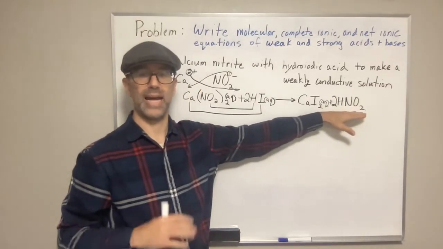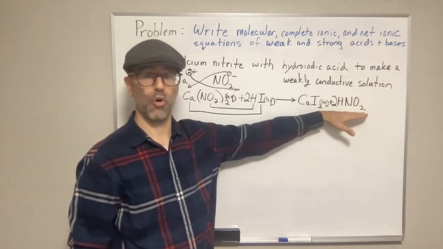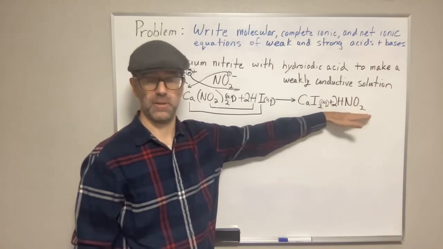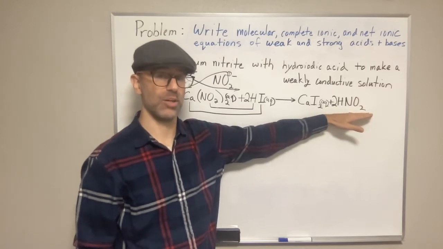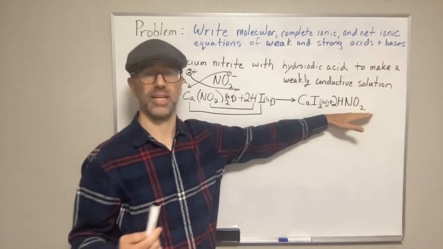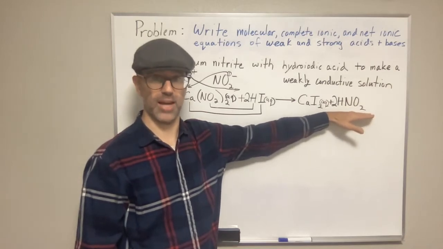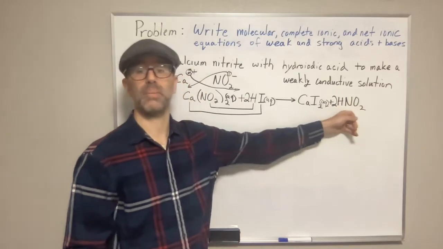And then this here, that is HNO2. That is your nitrous acid. So we formed nitrous acid, which is a weak acid. That is really important to keep in mind when we're doing our ionic equations, like our complete and net ionic equations. We have to realize that we made a weak acid. And again, what do we mean by weak acid?